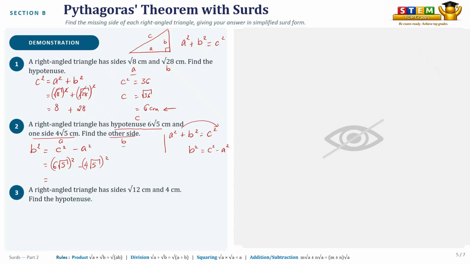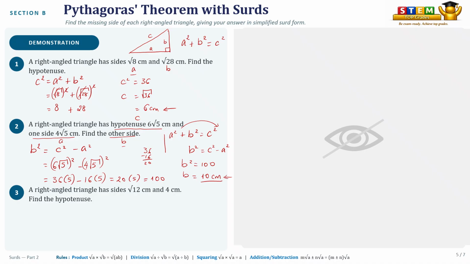So that gives me 36 multiplied by 5, take away 16, multiplied by 5. Now 36 take away 16, that gives me 20. So that's 20 times 5, which is 100. And don't forget, this is B squared. So if B squared equals 100, therefore B is going to be 10, and the unit again is in centimeters. So that's the answer.